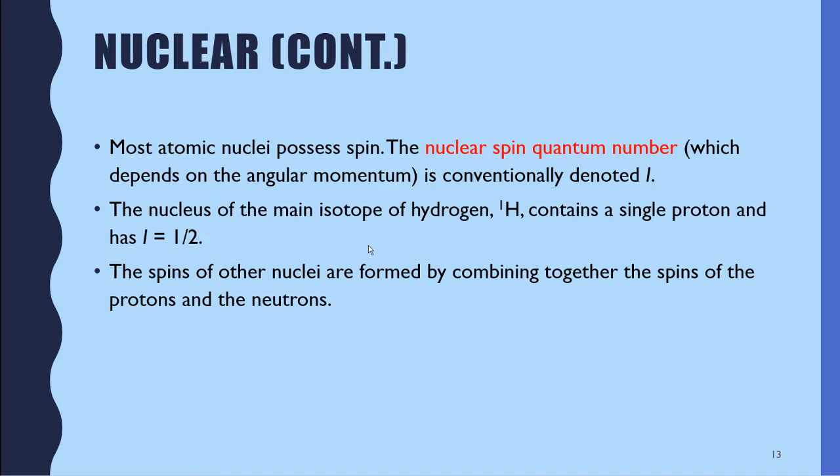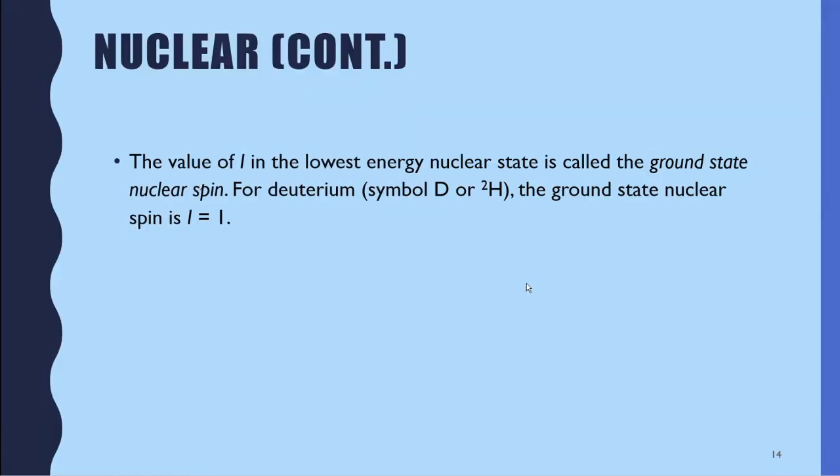Okay, so let's talk about spin. The symbol for spin is I. This nuclear spin quantum number depends on the angular momentum. For example, hydrogen, which has a single proton, has I equals half. The spins of other nuclei are formed by combining the spins of the protons and neutrons.